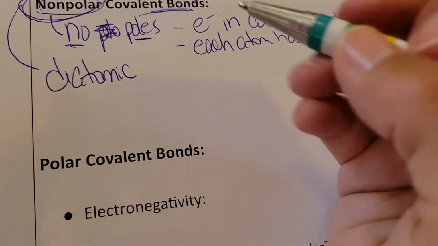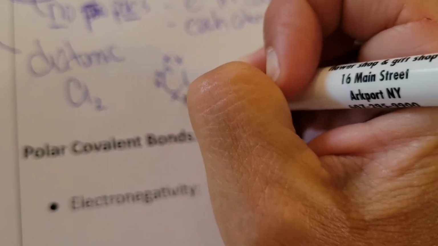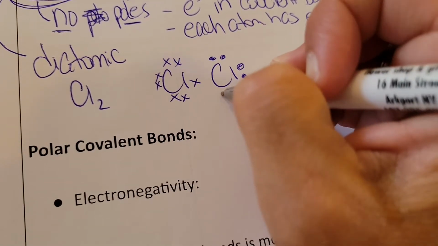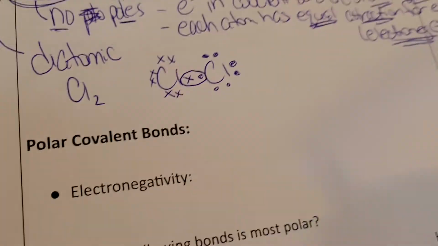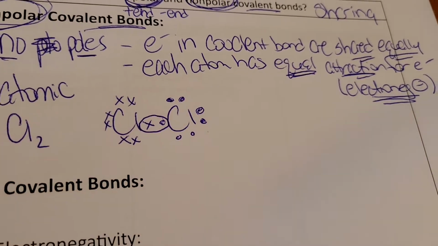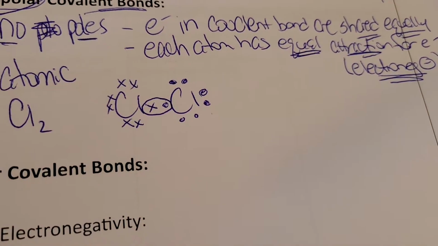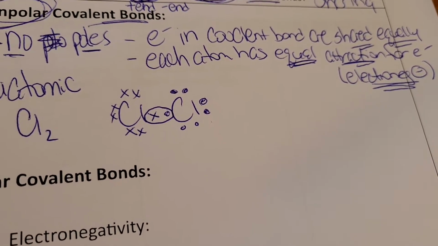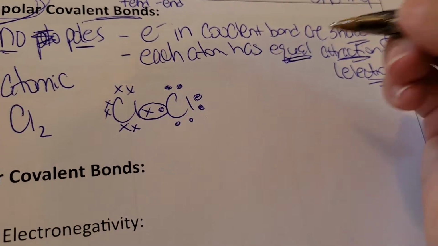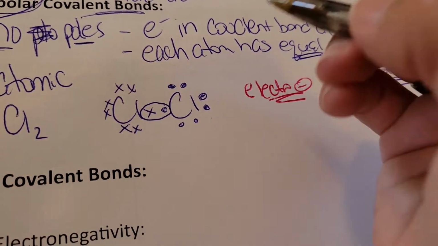So let's take, for example, chlorine. We have chlorine with 7 valence electrons and another chlorine with 7 valence electrons. They're going to share these so that they have their 8. To figure out the polarity, I'm going to look up their electronegativities. Remember that you look up electronegativity on table S, I believe, the back table. For chlorine, it's 3.2.